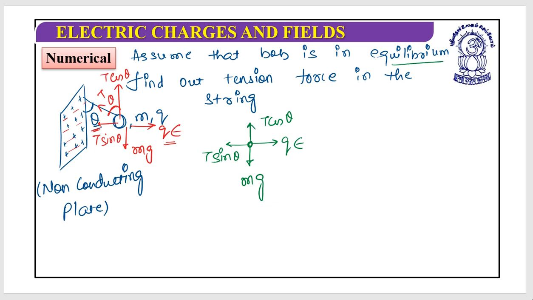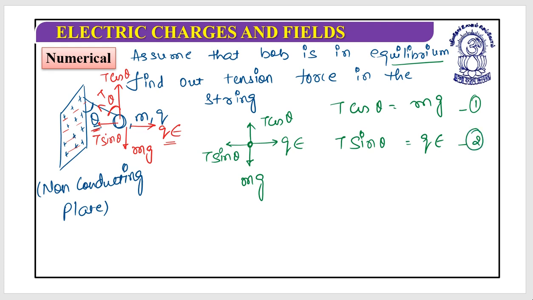When we have been said that they are in equilibrium, that means it is having a net force of 0. So if I write like this, T cos theta should be equal to mg, and T sin theta should be equal to q into E. This is relation number 1. This is relation number 2.